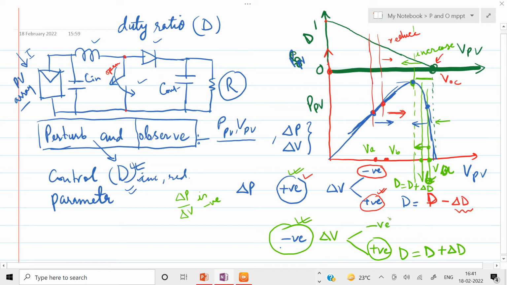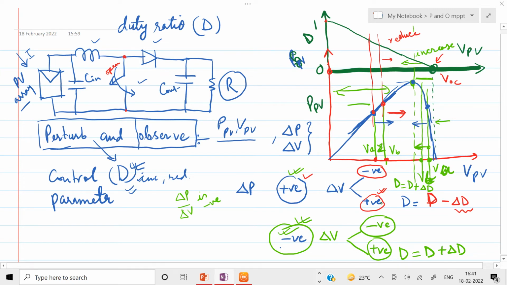Similarly, when delta V is negative, now delta V is negative and delta P is also negative, so that means we are on this side of the curve, positive slope. Okay, so in that case, if delta V is negative, that means V after is less than V before.